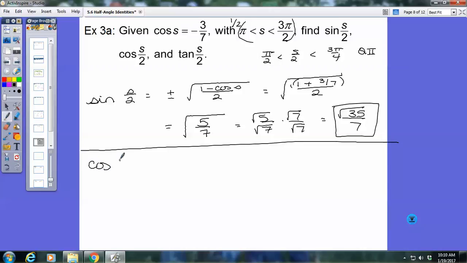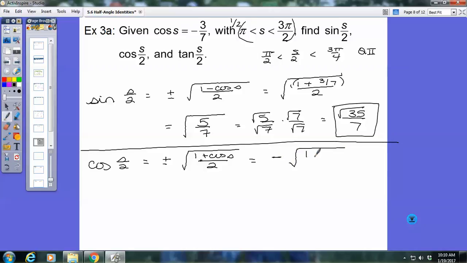So now let's do cosine of s over 2. What's the formula for cosine of s over 2? Plus or minus radical 1 plus cosine a over 2. So very similar, except it's a plus. Alright, pick the positive or the negative. S over 2 is in quadrant 2. Cosine is negative in quadrant 2.